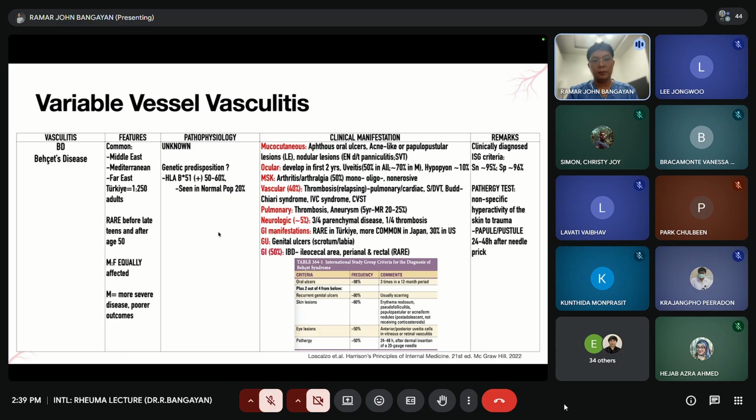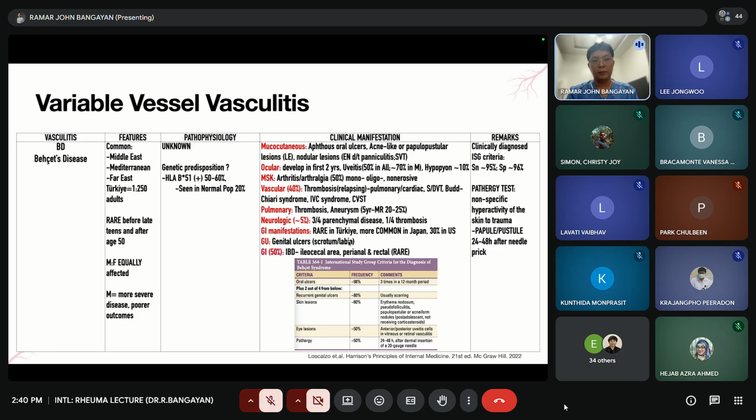So the presentation is usually aphthous ulcers. When you say aphthous ulcer, it's painful. Oral, they can be acne-like or papulopustular. They can also be seen in your genitourinary area. So what's the clinical implication once you have aphthous ulcers in your mucocutaneous area, in your oral mucosa, or even your genitals?